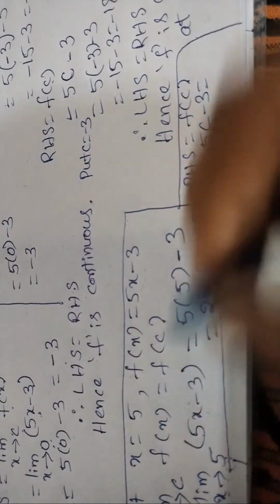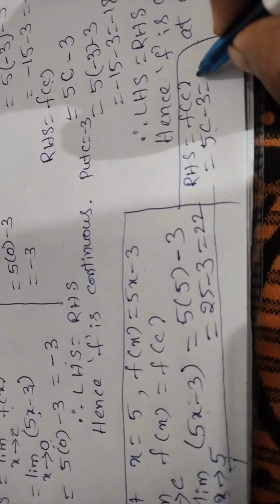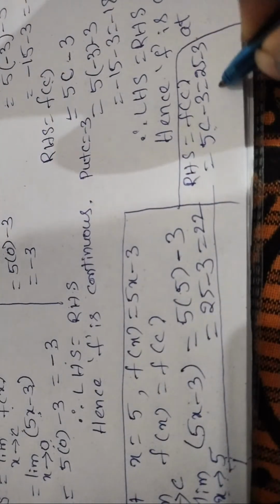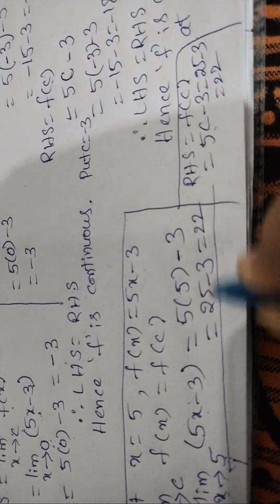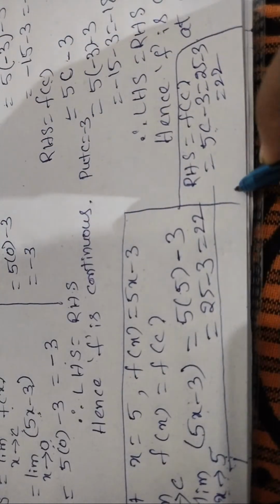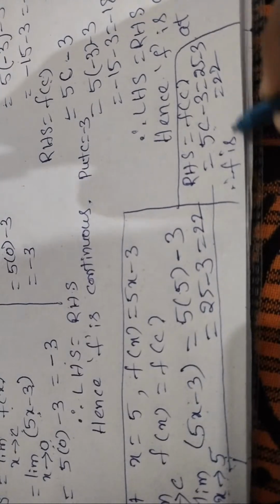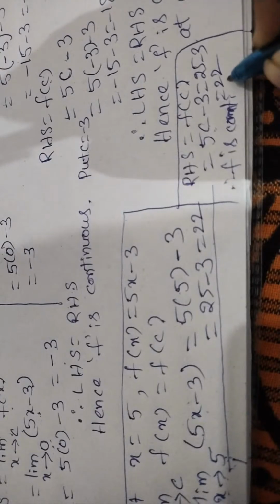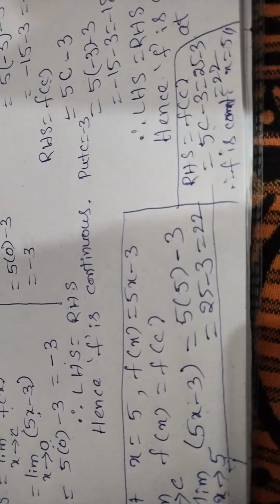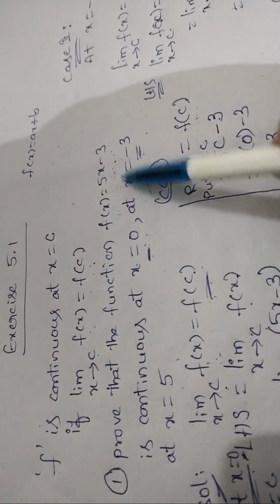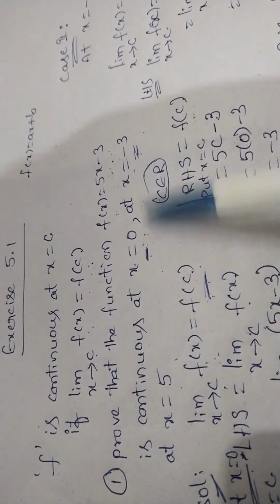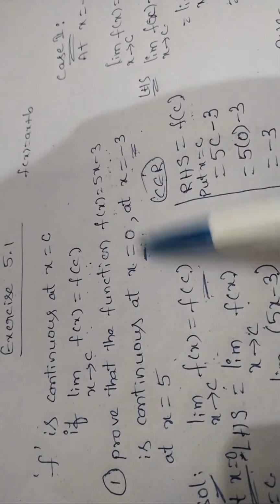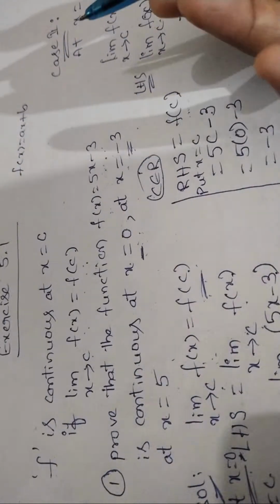The c value is 5. So write 5 into 5, 25 minus 3. So 22. Both are equal. LHS is equal to RHS. Therefore, f is continuous at x is equal to 5. So hence proved. All the three cases of the first question, if we observe, the function is continuous at all these three cases. We proved. So now we go for the next question.